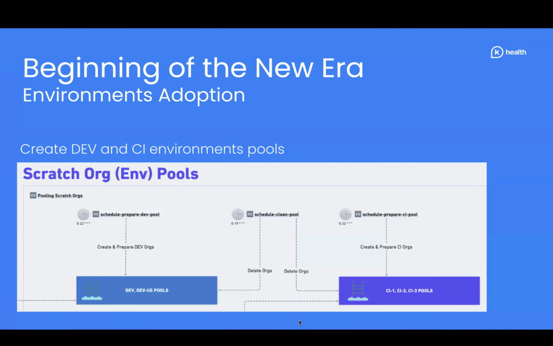In our case, we started with 2 developer pools, where each pool has 10 orgs. The CLI that DX@Scale gives you spins up the 10 orgs and starts deploying the changes to these orgs in parallel.